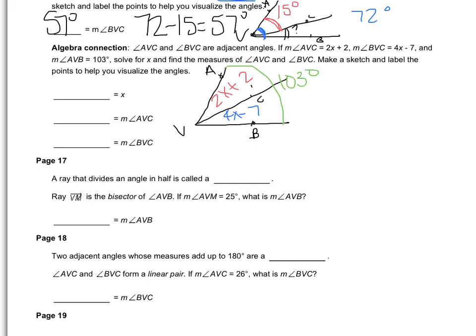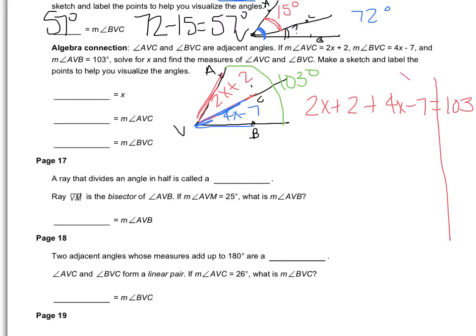So we're supposed to solve for x. Well, what I know is that this part, 2x plus 2, and this part, 4x minus 7, makes up the whole thing. And the whole thing is also 103, so all I have to do to figure this out is solve. 2x plus 2 plus 4x minus 7 equals 103.